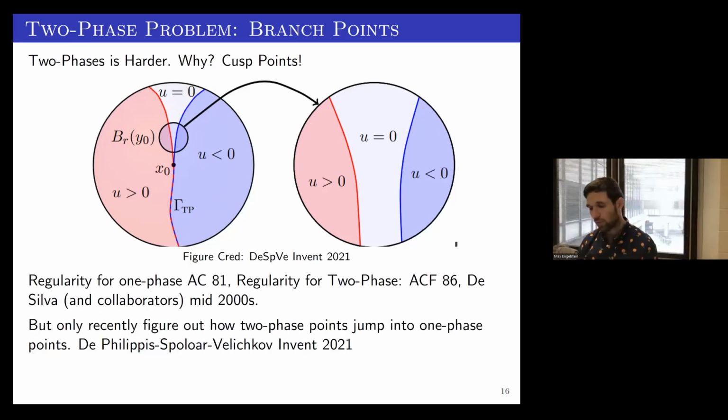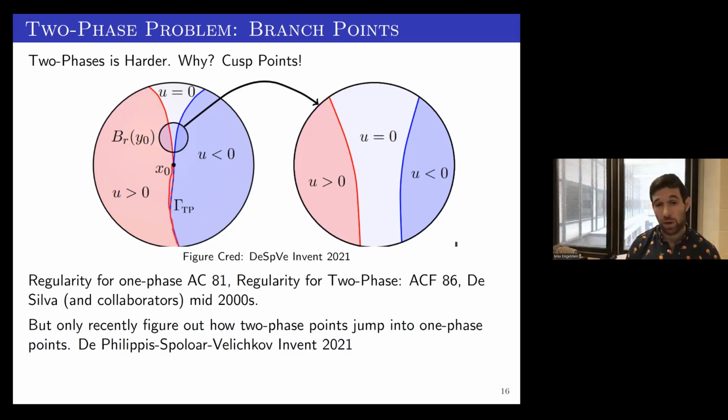So it turns out that we understood regularity for the one-phase problem for a long time. We understood regularity for points where both phases come together. This is work of Daniela De Silva and her collaborators from the mid-2000s. But only recently, like 2 or 3 years ago, did we figure out how to transition between these two types of regularity, between the two-phase points and the one-phase points.